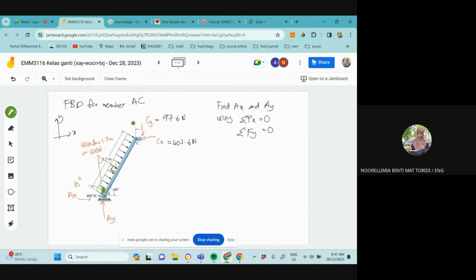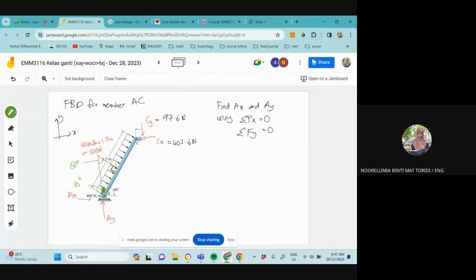So lastly kat sini we got what? 60 degree. So now break 600 ni. Faham ke macam mana dapat kat sini? Faham. Okay.